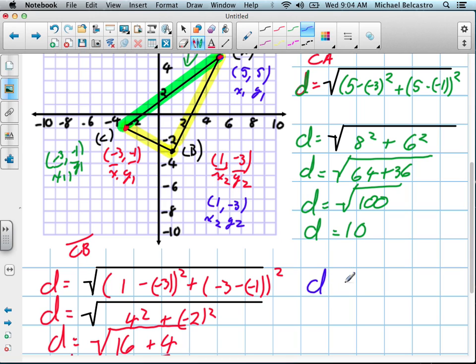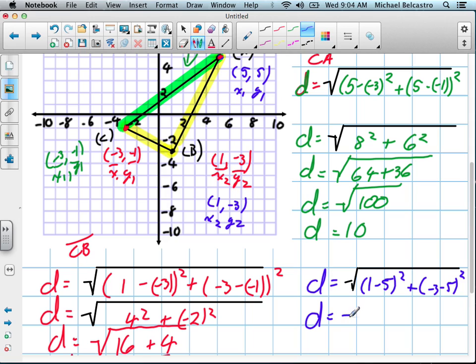I'm going to go very quickly here. We're looking for x2 first, which in this case, I did the blue points already, is 1 subtract 5 squared plus y2 is -3 subtract 5 squared.